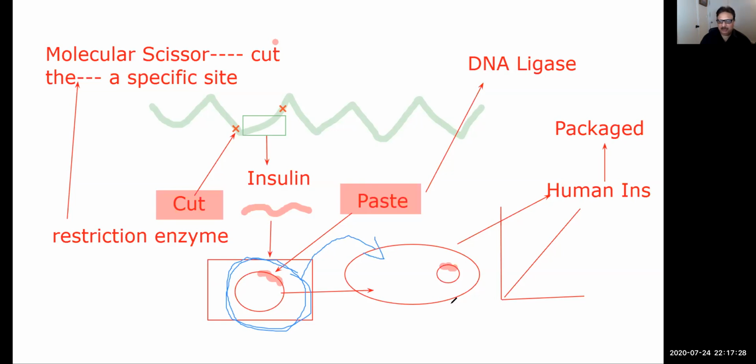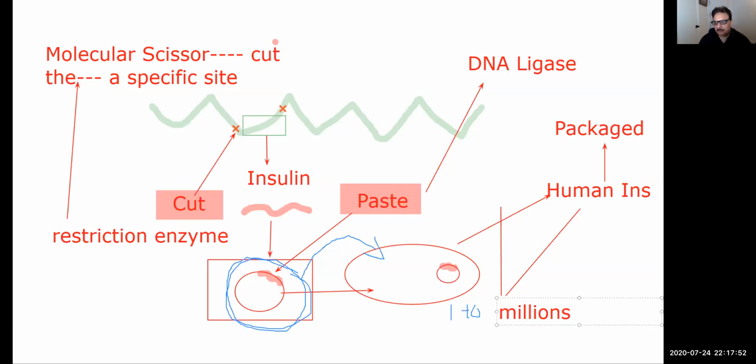Now from one bacteria, millions of bacteria can be generated. When one bacteria generates millions of identical bacteria, that is called cloning.